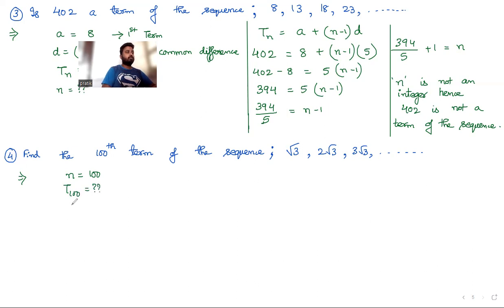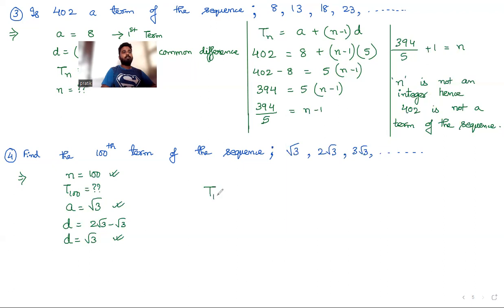My first term is root 3, and the common difference is 2 root 3 minus root 3, which turns out to be root 3 itself. So I have my first term, my common difference, and my n. I have to find t of 100.